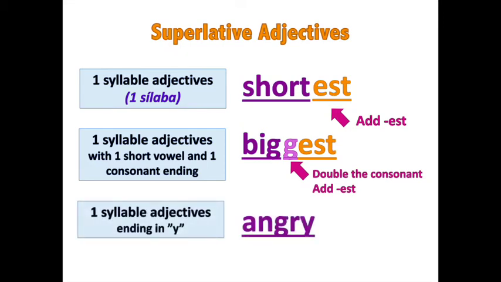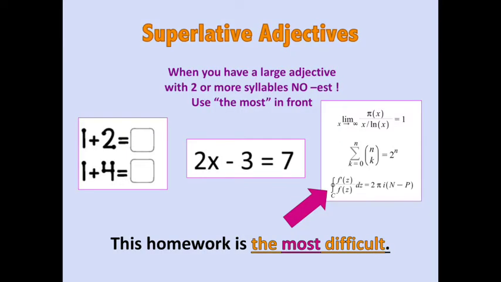For one-syllable adjectives ending in y, the y changes to an i and you add est. With a large adjective that is two or more syllables, you use the words the most in front. So here we can say, this homework is the most difficult.